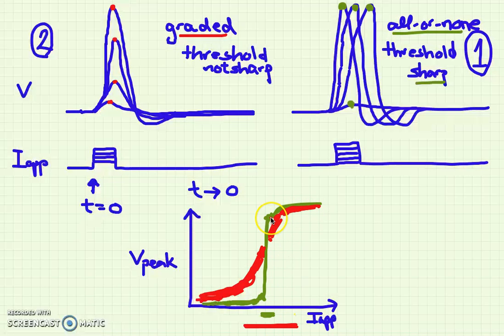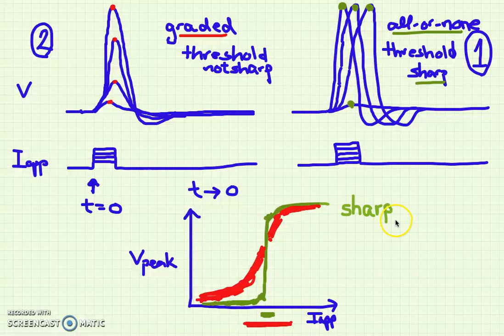So if you imagine the green and the red curves here as representing the corner of a table, the green corner would be sharper than the red corner, and that's where this terminology comes from.